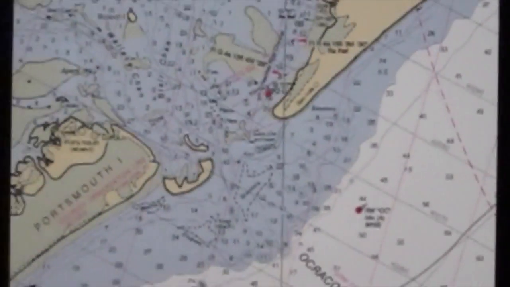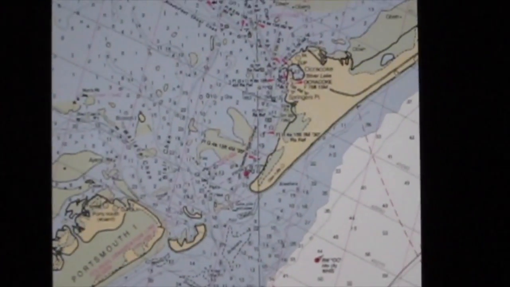That just means it's a danger area. And then if we look over here, it's kind of blurry, but that would be a shipwreck. That little dot right there is what that symbol is. So all of these are just things to watch out for on a map, so you know to stay away from those. Now we're going to look at what some hazards could look like in real life.